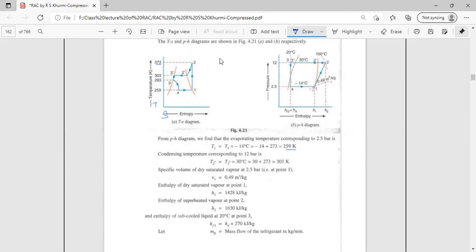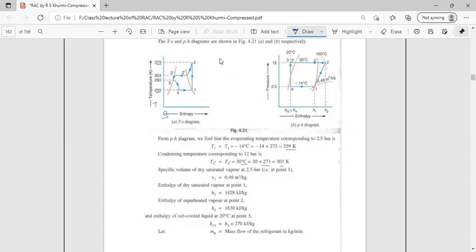So here we put the value of the lower temperature of the system, 259 Kelvin. The condensation temperature at 12 bar, meaning the higher pressure, is T2 dash and T3 dash, which is given as 30 plus 273, 303 Kelvin itself.